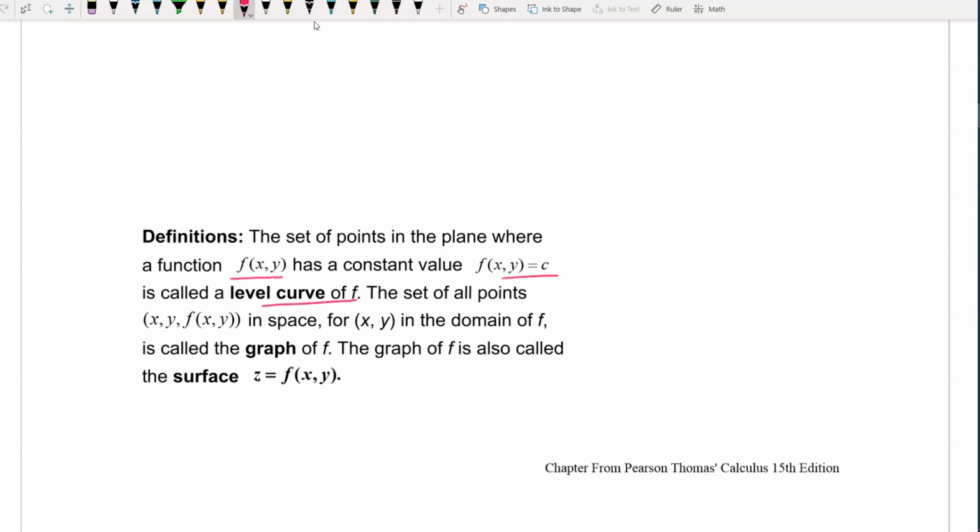The set of all points x, y, f of x, y in space for x, y in the domain of f is called the graph of f. The graph of f is also called the surface z equal to f of x, y.